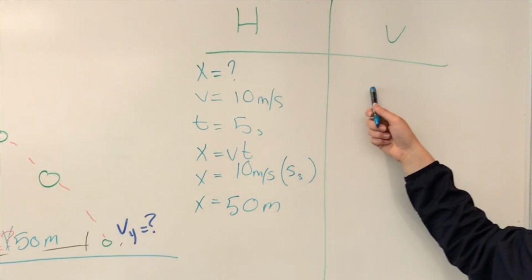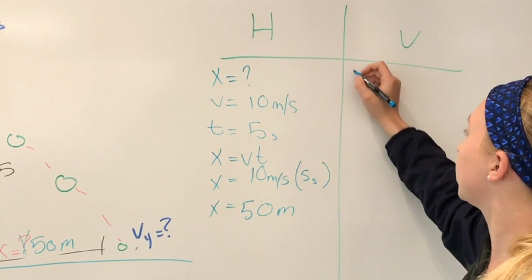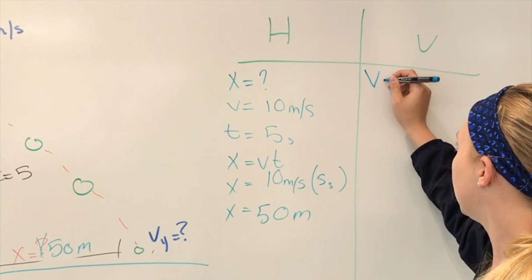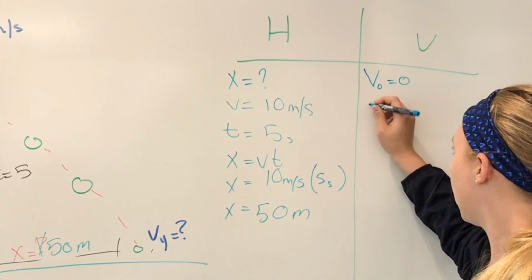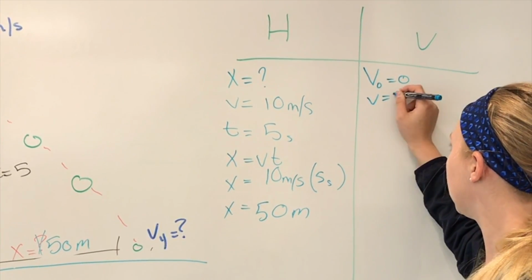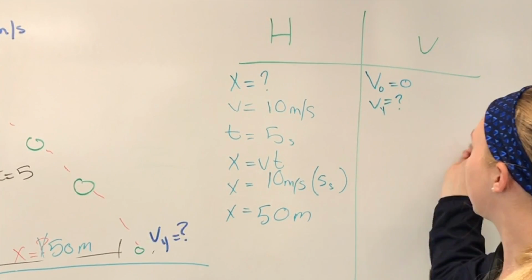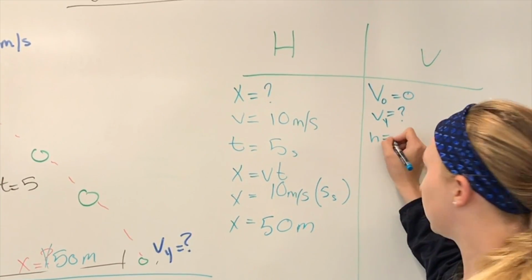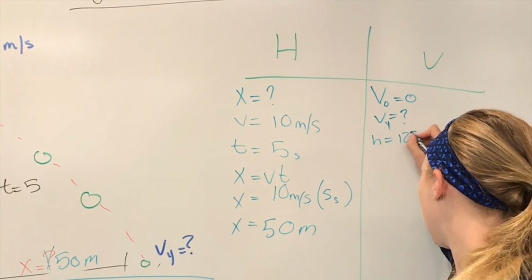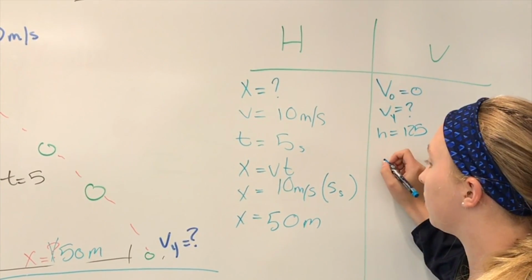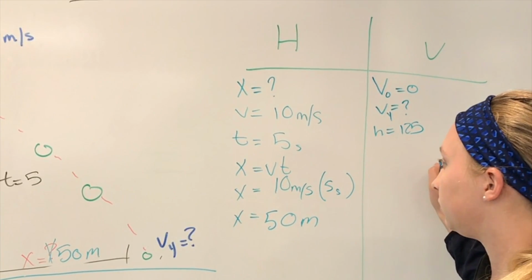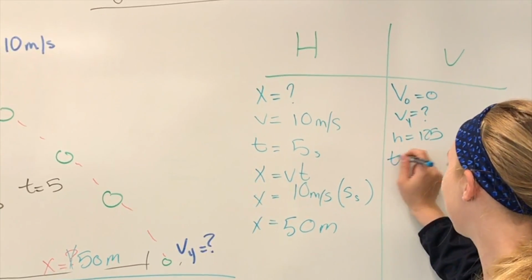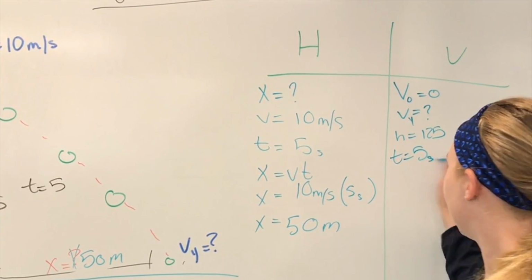Then for the vertical, we're going to put our variables in again. The initial velocity is going to be 0, and we're trying to find the velocity, so this is velocity y, a question mark. We have our horizontal displacement, which is 125. Oh, we have our time again, which is 5 seconds.